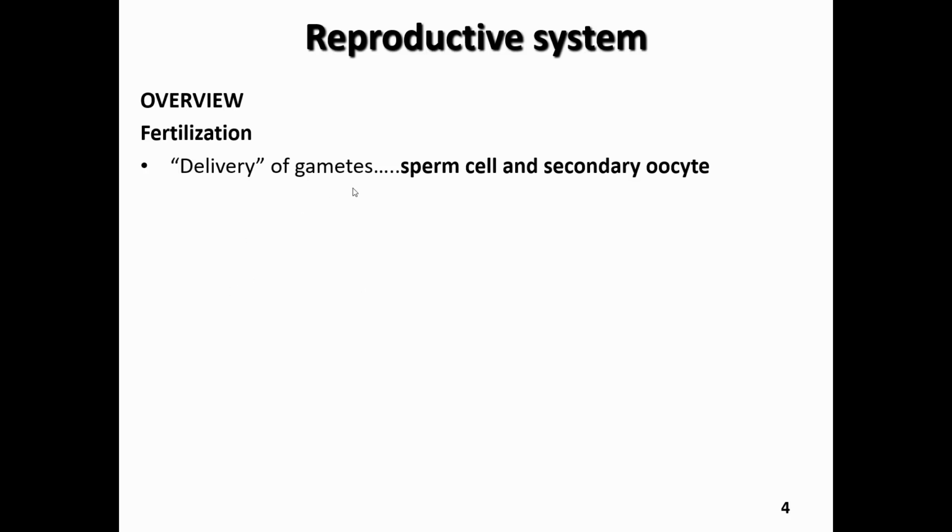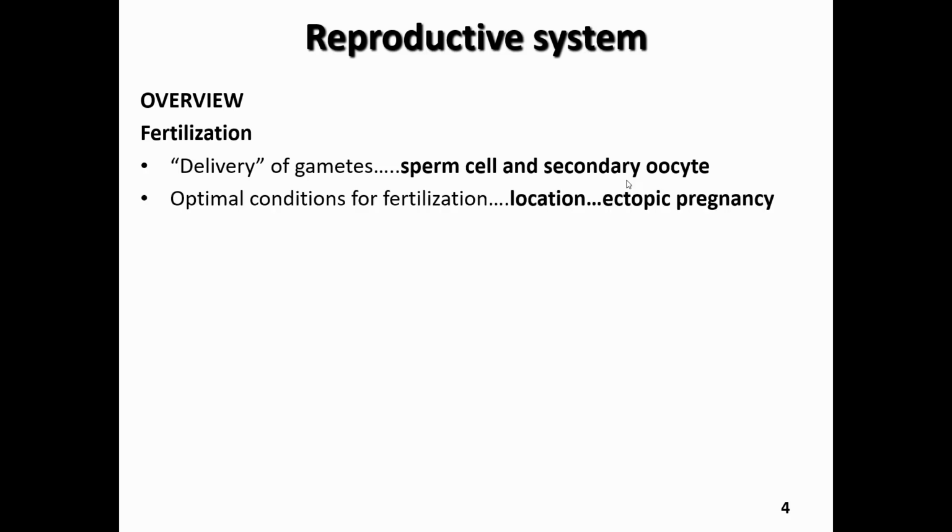Both the male and female reproductive systems possess mechanisms that will deliver the two cells generated by the primary sex organs, and that is the sperm cell produced by the male and the secondary oocyte produced by the female. The female reproductive system must provide what's called an optimal condition for fertilization.